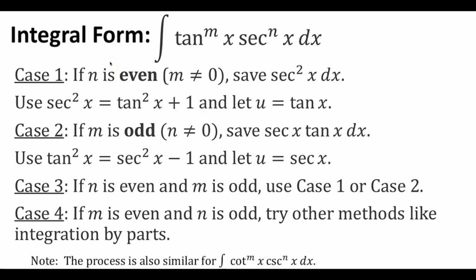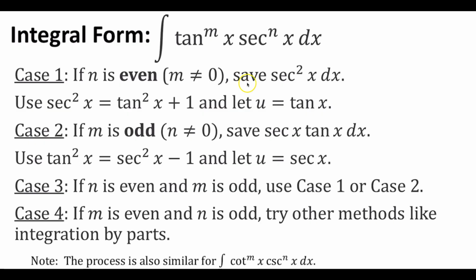Now let's look at another integral form that we might see, the integral of tangent x times secant x, where tangent x is raised to the power of m and secant x is raised to the power of n dx. All right, so the first case is if n, the power of secant, is even and m is non-zero.